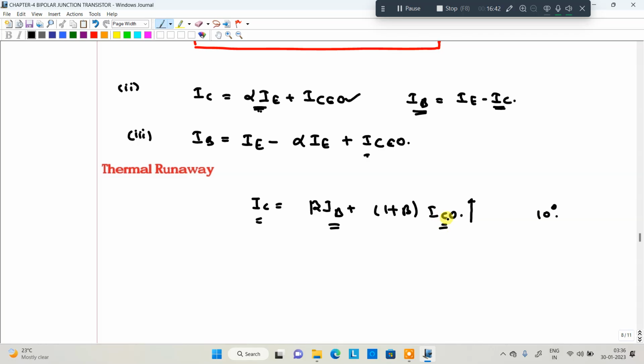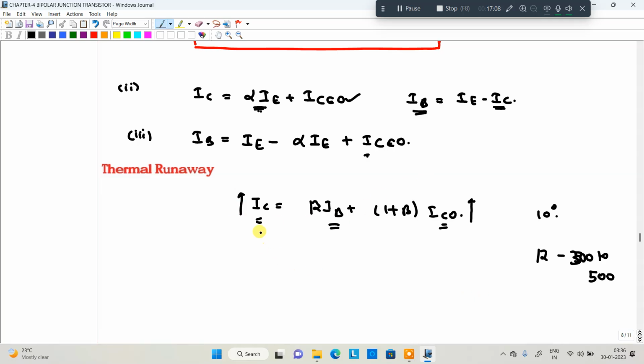The beta value is in the range of 300 to 500, a high value, right? So 1 plus beta multiplies it. It is a small leakage current, but it is multiplied by 300 to 500, so the effect increases IC.